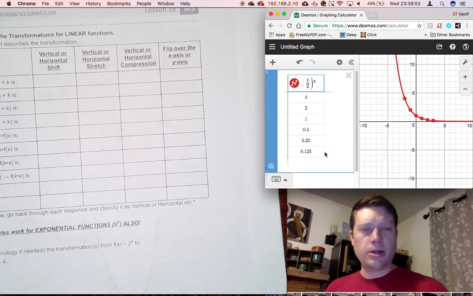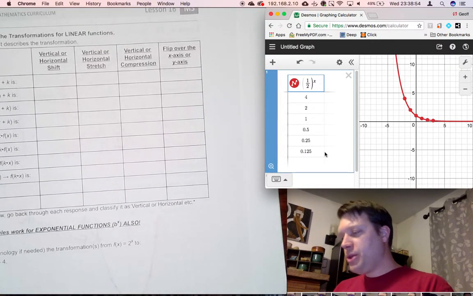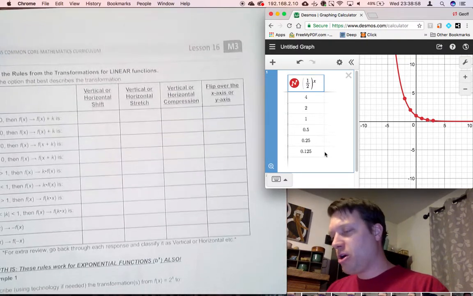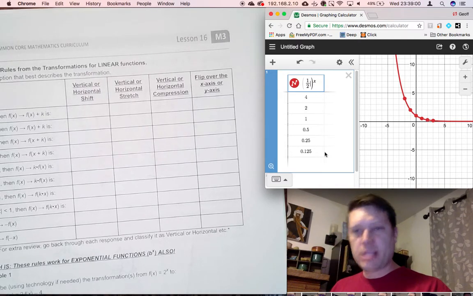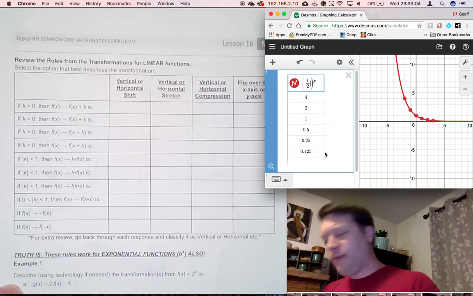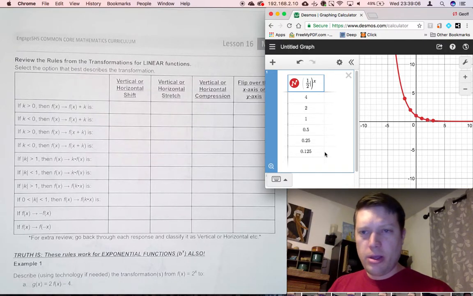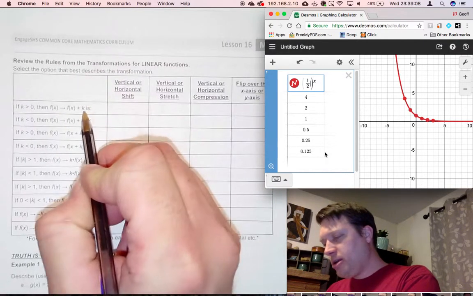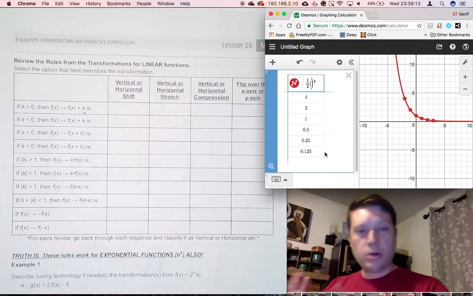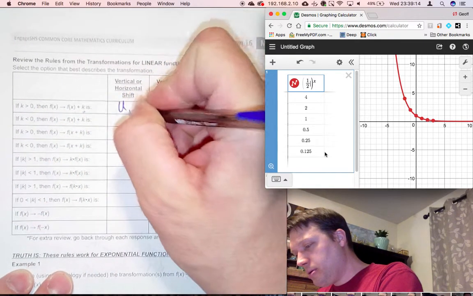I'm just reminding here. So with this table, the properties of a linear transformation are also true for exponential functions. So just a quick review here, that if you have k is greater than 0, then adding a positive value to f of x is going to be a vertical shift up.